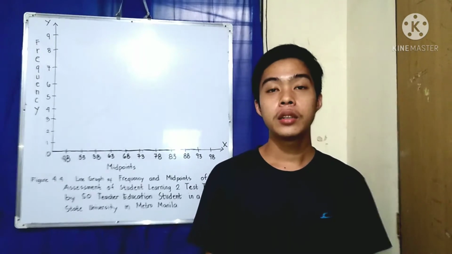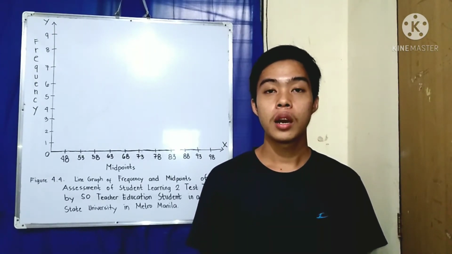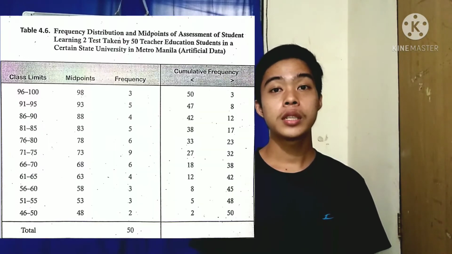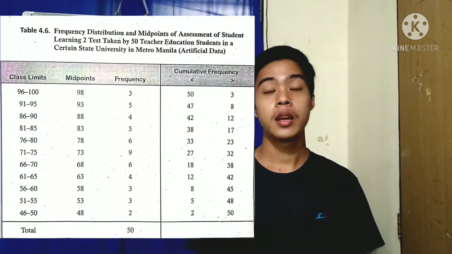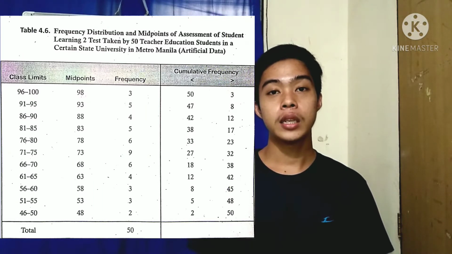So, in creating our line graph, we should look at table 4.6 as our basis, because in our line graph we will get the frequency and the midpoints.